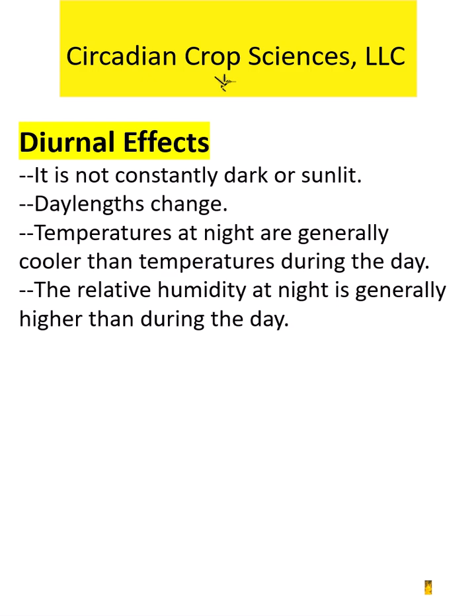Temperatures at night are generally cooler than temperatures during the day. The relative humidity at night is generally higher than during the day. So these are all factors that have to be taken into consideration when trying to calculate how much sulfur would sublimate over a given period of time in an agricultural field.